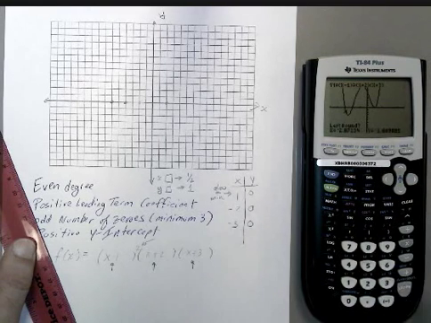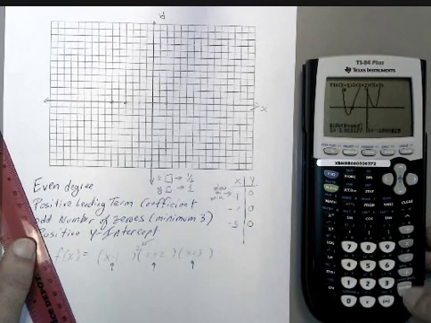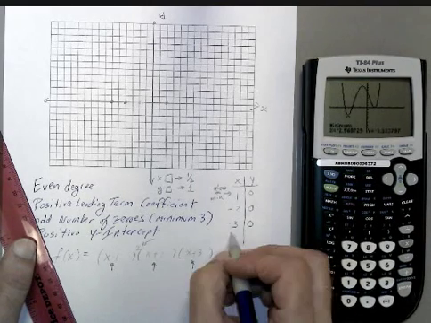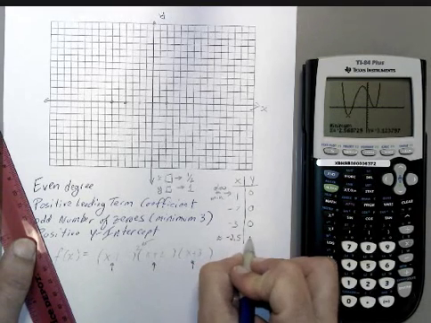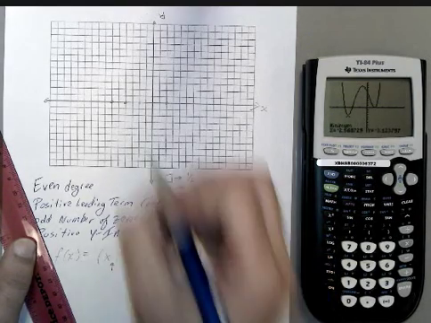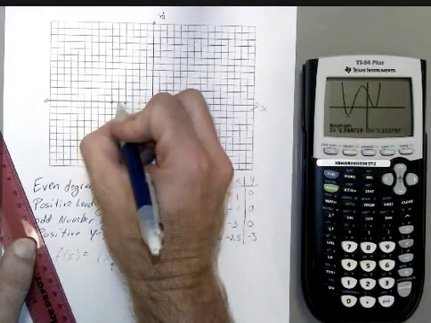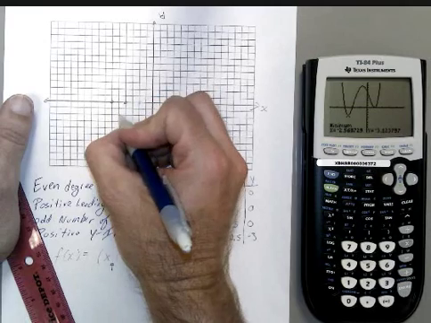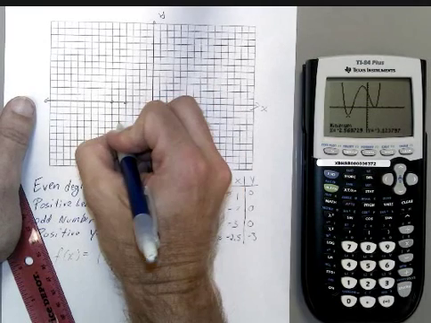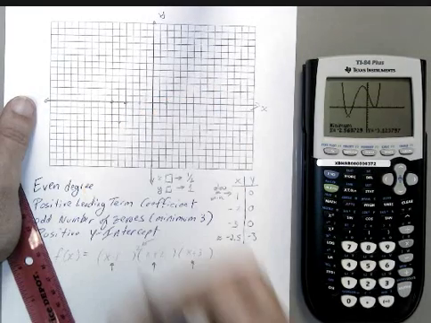So set up my left bound, set up my right bound, and I got a minimum at approximately -2.5 and -3.1. So -2.5 is right here. Along the y-axis I'm going by 1, so 1, 2, 3. So there's my min.